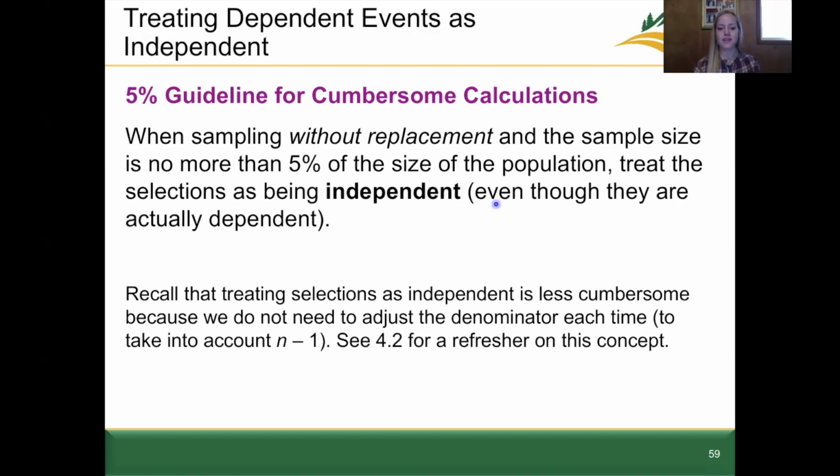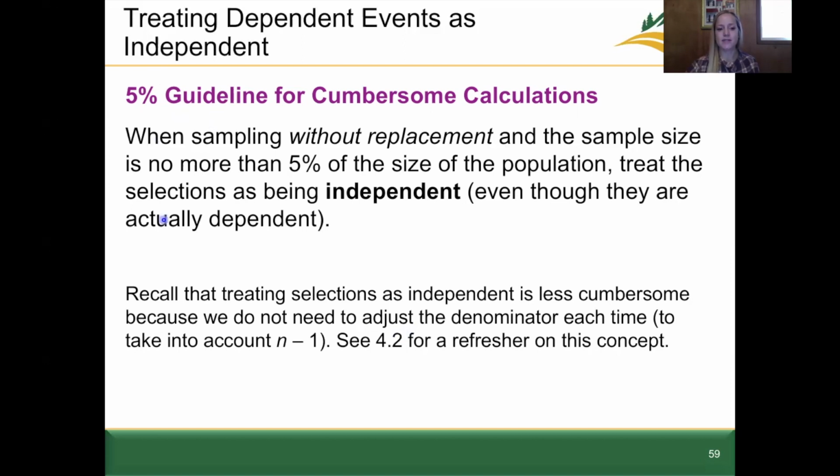If you recall with calculations without replacement, we had to change the value in the denominator. So we had 1 out of 1,000 people, for example. The next case would have to be 1 out of 999. It gets pretty cumbersome to have to change that denominator each time, especially when we're dealing with a ton of trials. This concept of going from 1 over 1,000 to 1 over 999 is the same thing as taking into account n minus 1 for each trial. I did touch on this initially for 4.2, so if you want a refresher, I recommend going back.